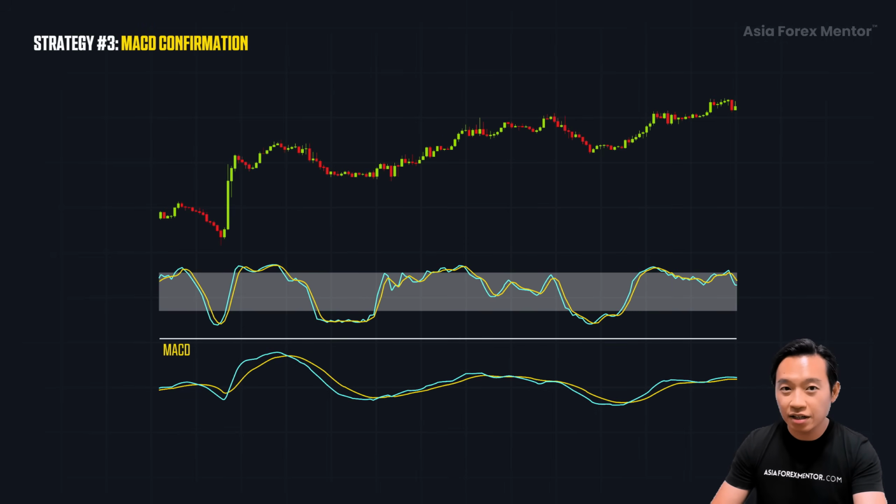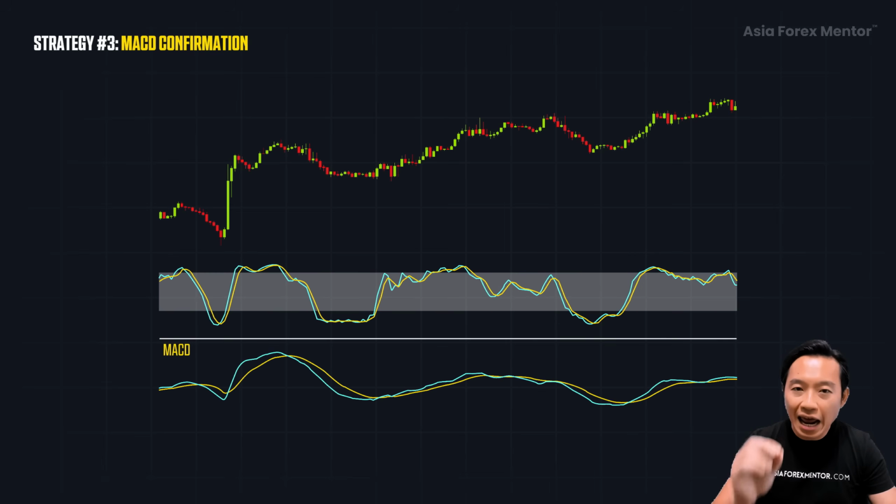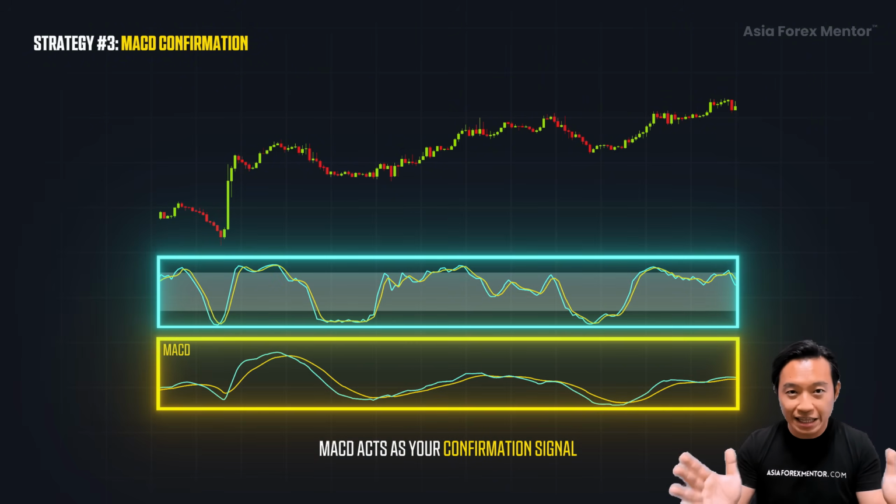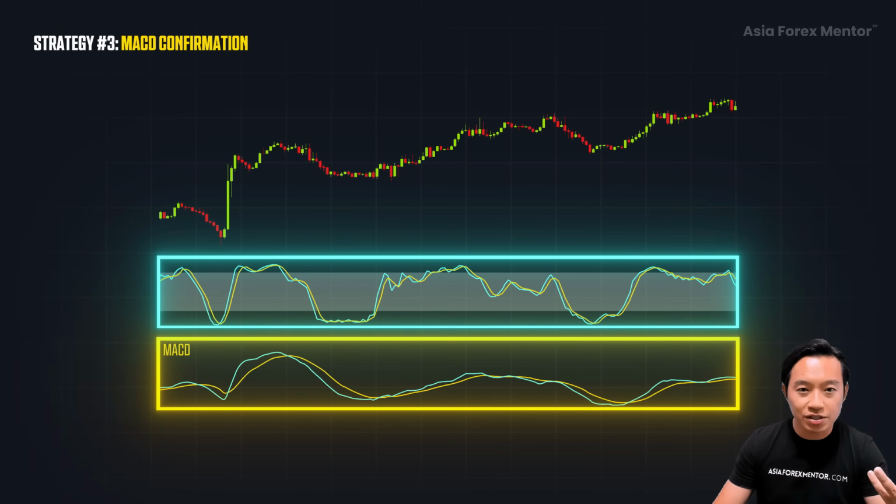This is the key: the MACD acts as your confirmation signal. It validates whether that stochastic move is backed by real strength. When both of these indicators align, this is where you can trade truly with confidence. I'm going to show you how it works.